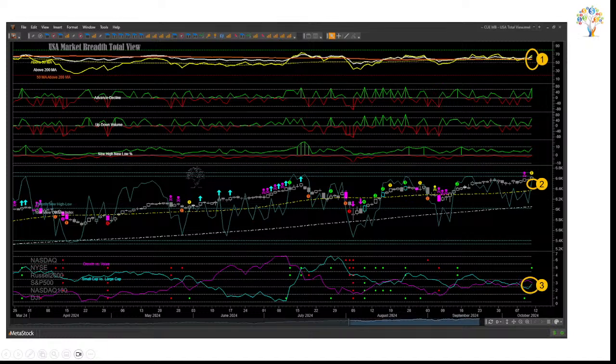Let's look at the total market breadth view, the broadest view of the market. The 3-month new high low is now very close to extremely overbought condition, similar to NYSE.